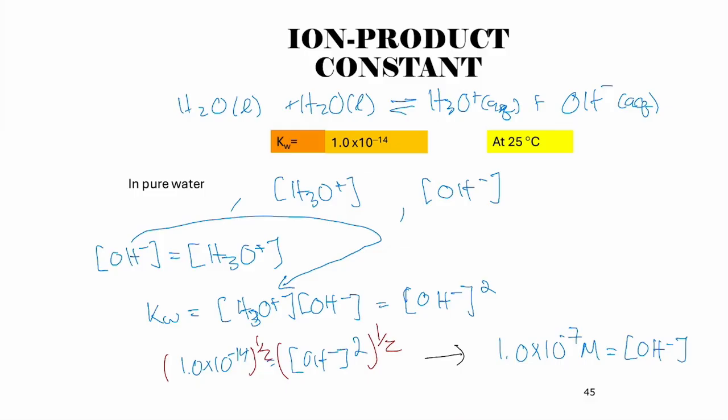So this tells me that whenever I have water around, no matter how much H3O+ or OH minus is in solution, I need to have a total product between them equal to what?